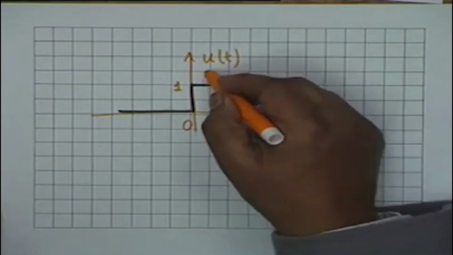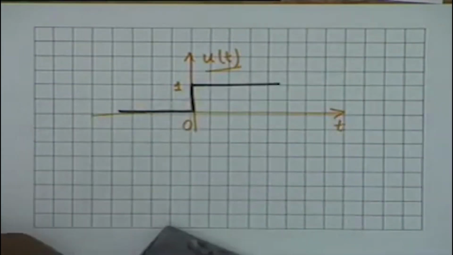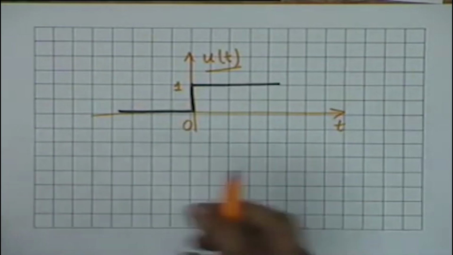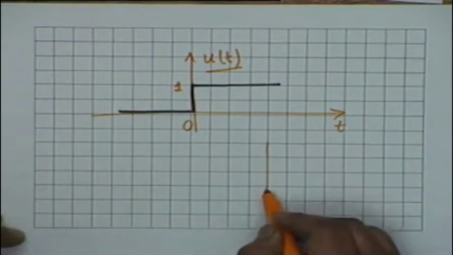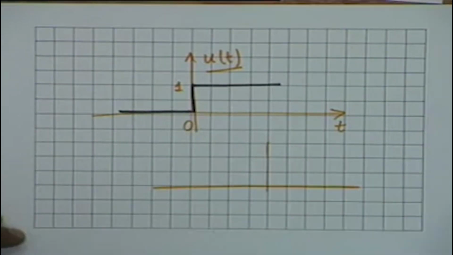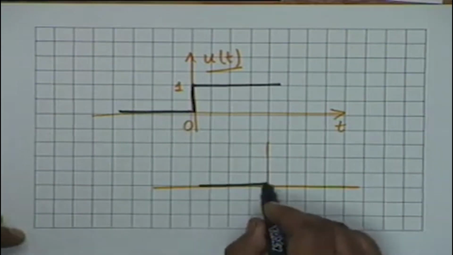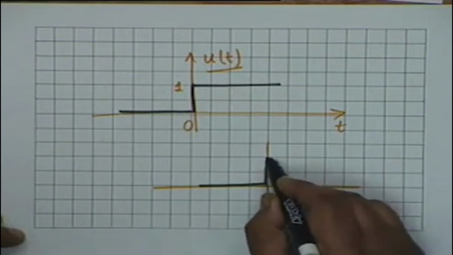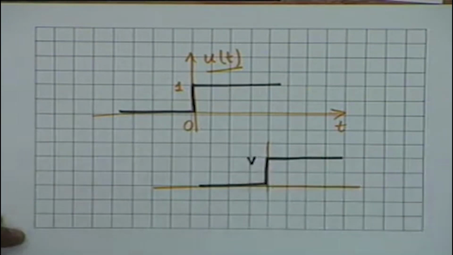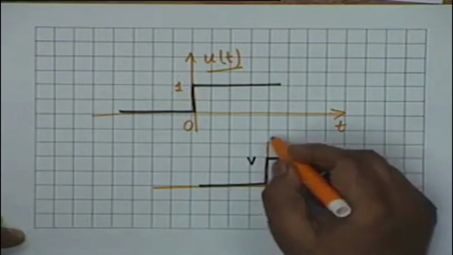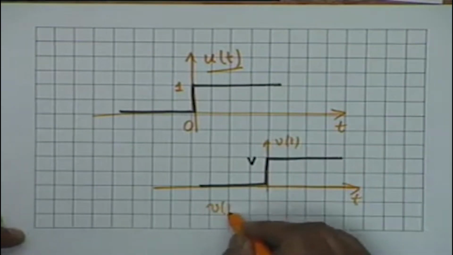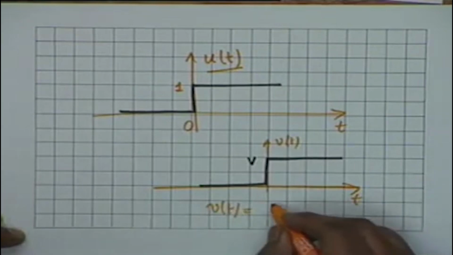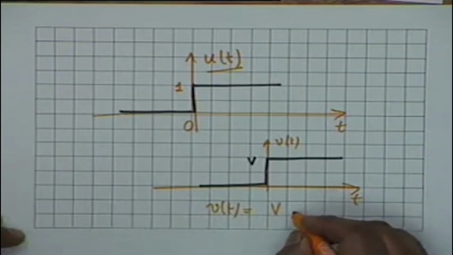This symbol u is reserved for a unit step. And therefore the voltage in the previous case, in the previous circuit, which had a step of height capital V, if you have a voltage waveform of height capital V, voltage step, V of t versus t, then obviously V of t can be written as capital V times u of t.